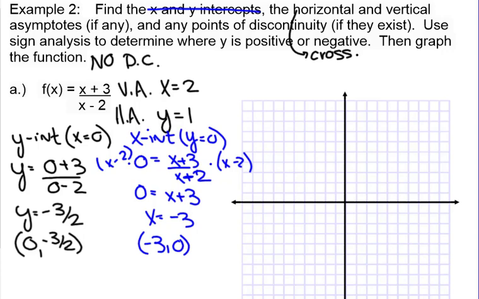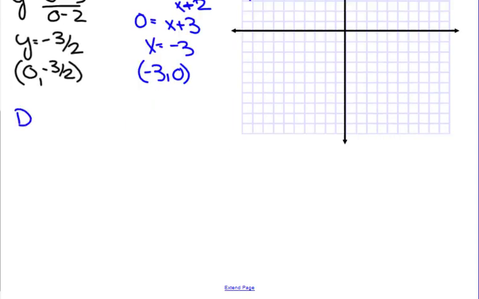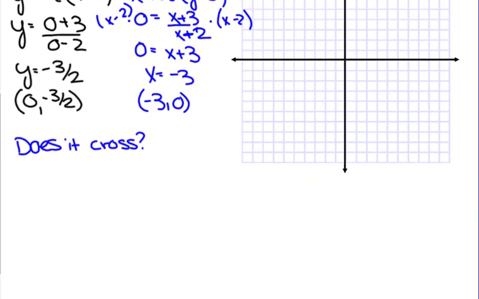We've checked for horizontal asymptotes. Now we want to check to see if we cross our horizontal asymptote. That is where we said our horizontal asymptote was at y is equal to 1.